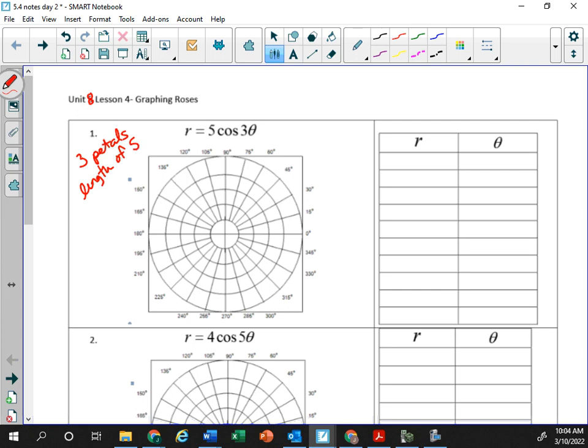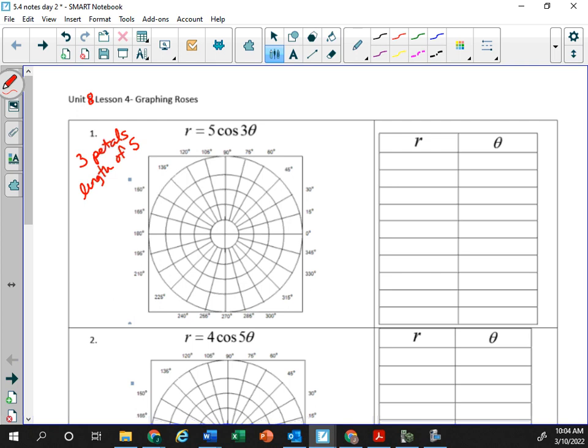And symmetry. It's a cosine graph, so what is it going to be symmetric to? The x-axis. So when we get done at the end, you should look at your graph and go, yes, that is symmetric to the x-axis. If it's not, something has gone wrong.